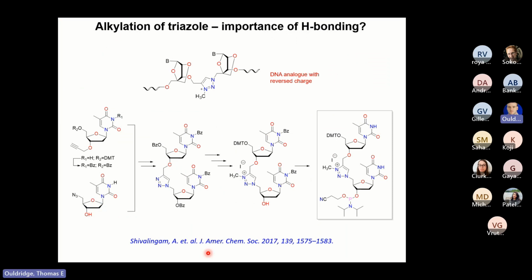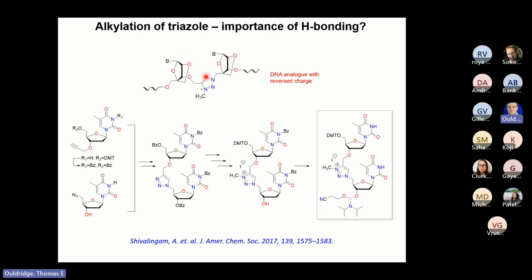Now, I mentioned that the triazole linkage can form hydrogen bonds with proteins, but if you actually methylate the triazole here, then the hydrogen bonding capacity is strongly inhibited. It's also a positive charge now in the backbone, as opposed to a negative charge, which you get in normal DNA. So we did that.